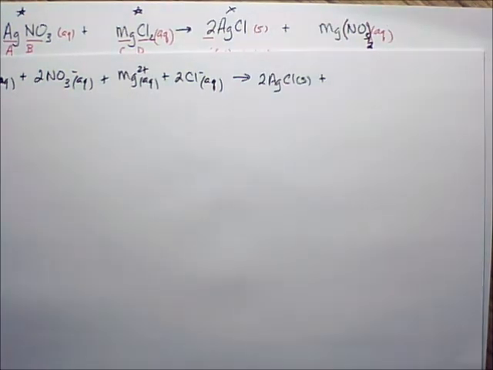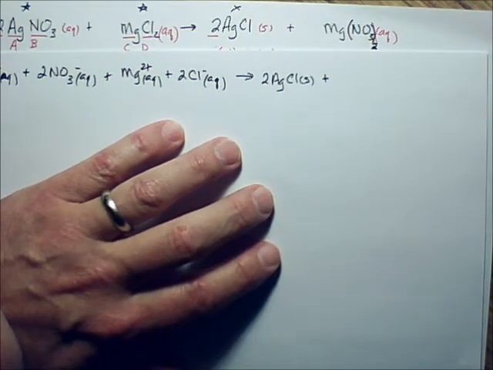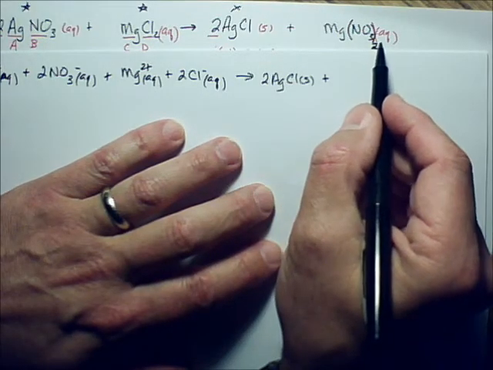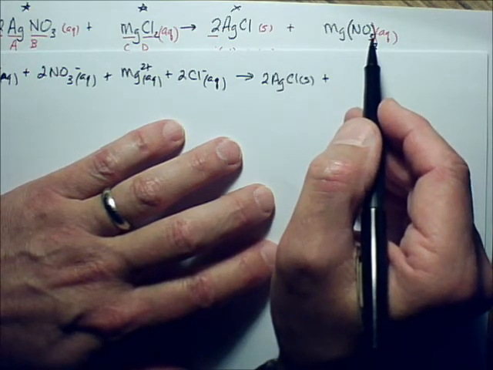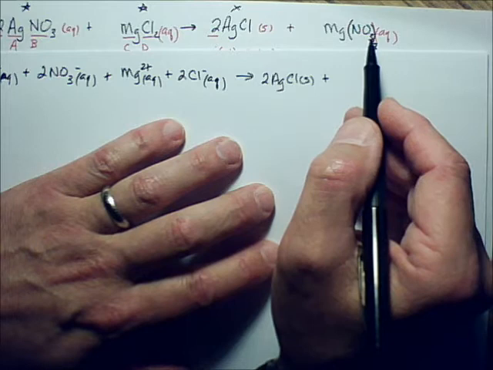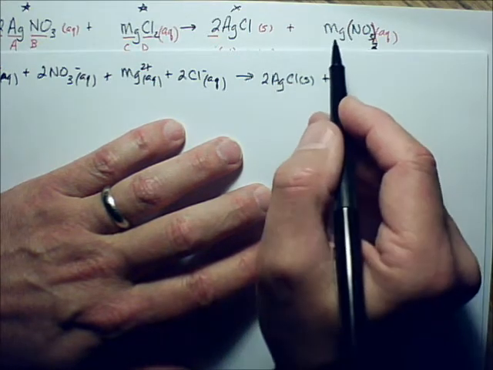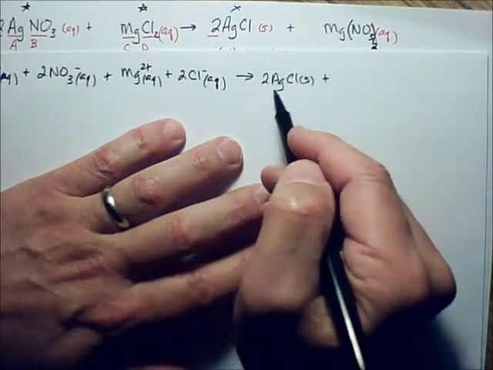Let's let Marissa do one. Marissa, what do I do to this one? Would you combine the magnesium and the polyatomic? Why would I do that? What are you thinking? I'm writing this out right here.